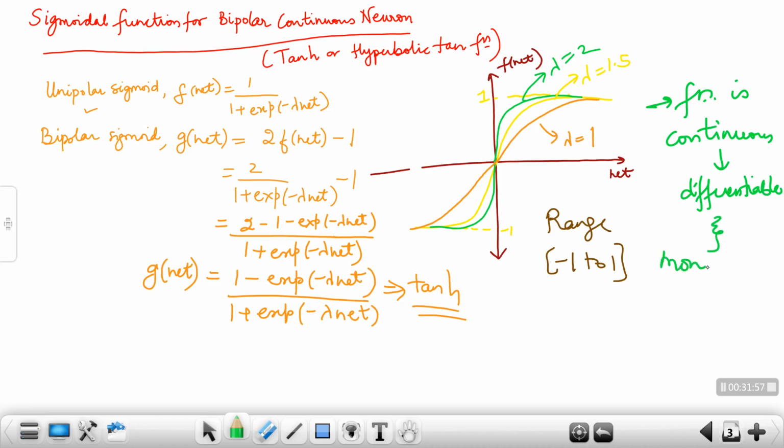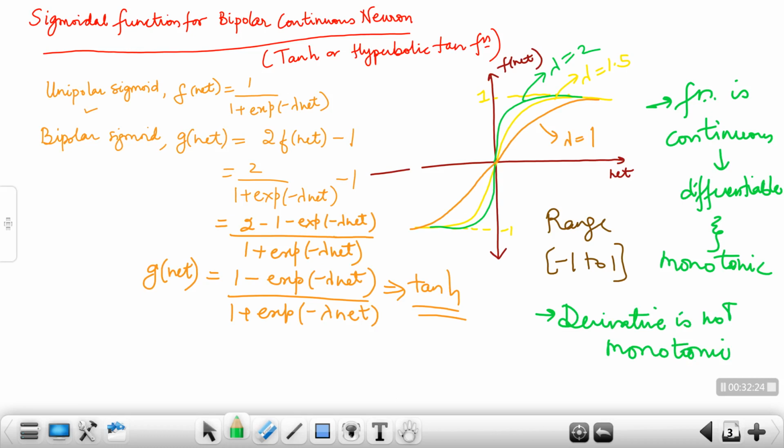Besides that, the function is monotonic, but the derivative of the function will not be monotonic. Similar to the previous one, the derivative is not monotonic.